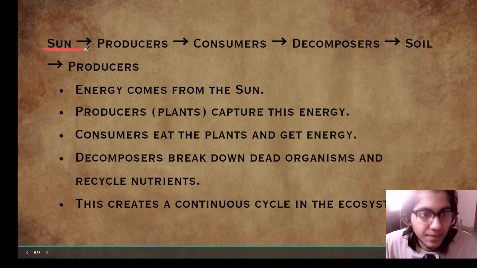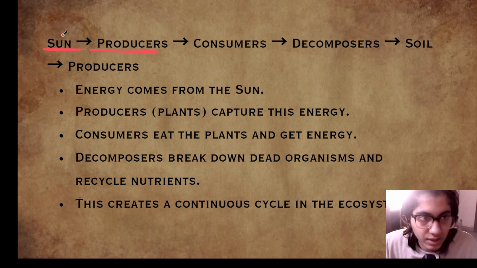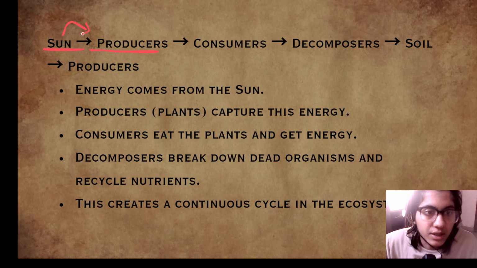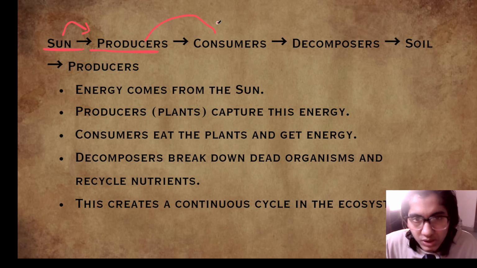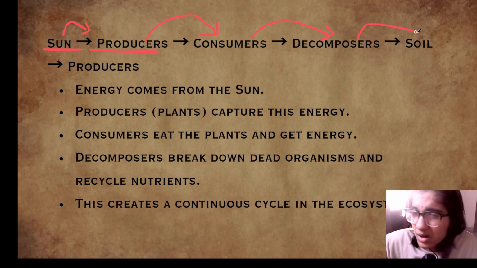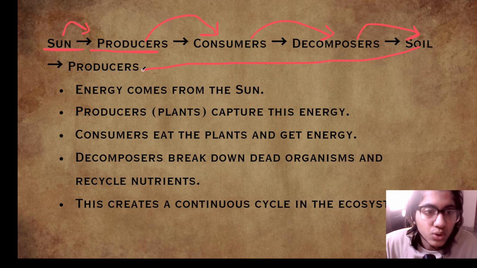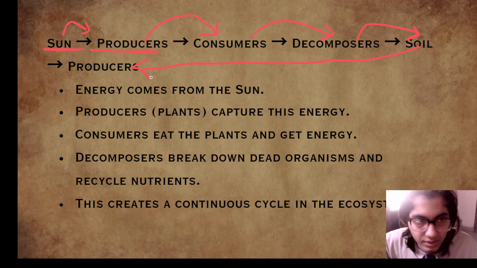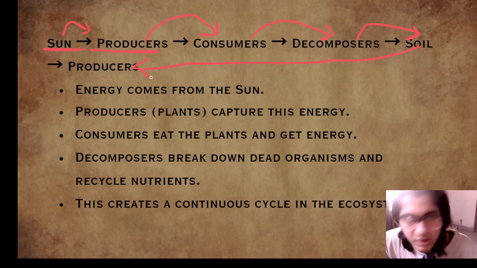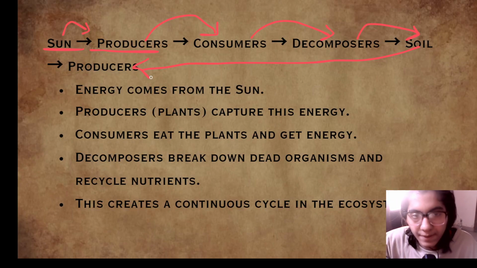So sun, then producers. Sunlight energy is given to producers, to consumers, consumers to decomposers, to soil, and soil to producers. So the sun gives out energy, and that energy is taken by the producers like the plants and some algae, and the plants are eaten by some animals, those are consumers.